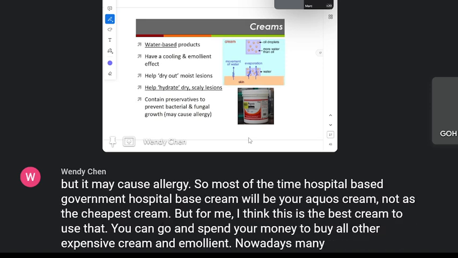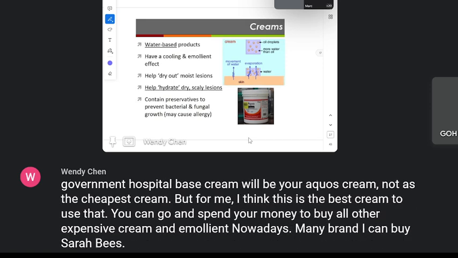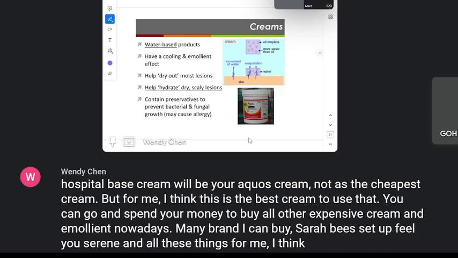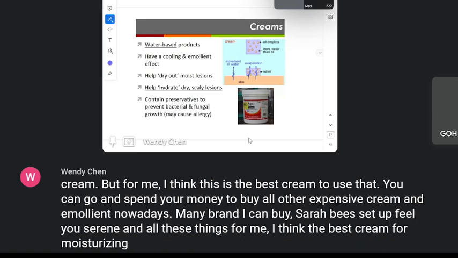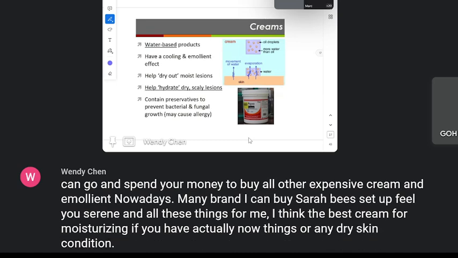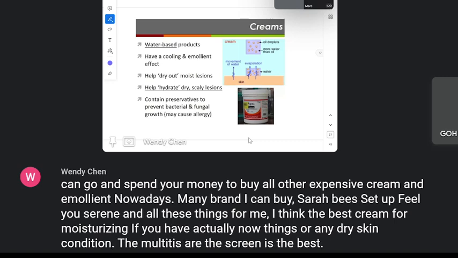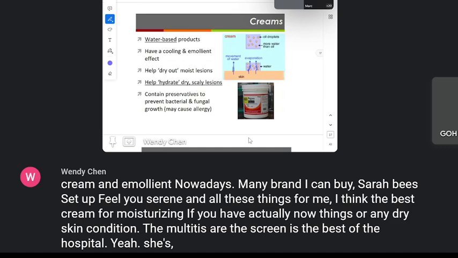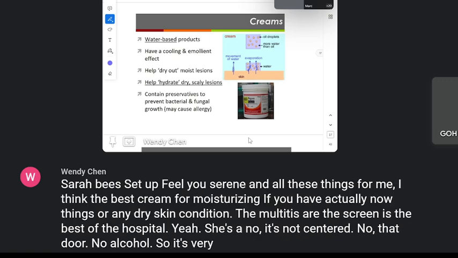Nowadays, many brands you can buy: CeraVe, Cetaphil, Eucerin, and all these things. For me, I think the best cream for moisturizing, if you have eczema or any dry skin condition, dermatitis, is the aqueous cream from the hospital. It's not scented, no Dettol, no alcohol, so it's actually very skin friendly.